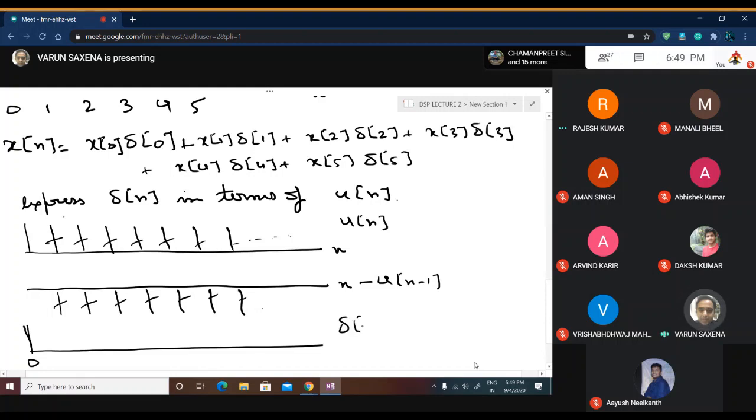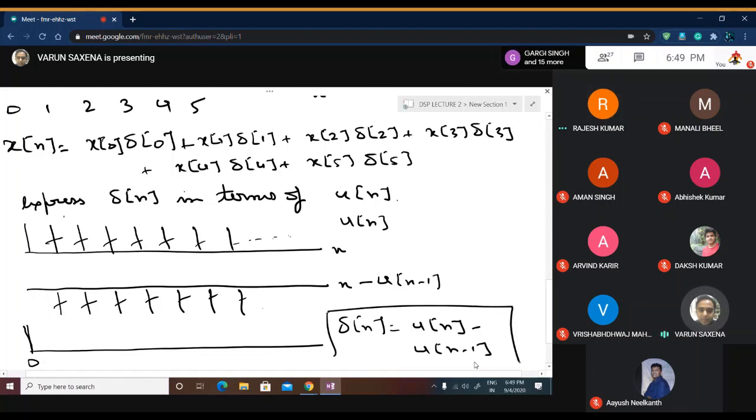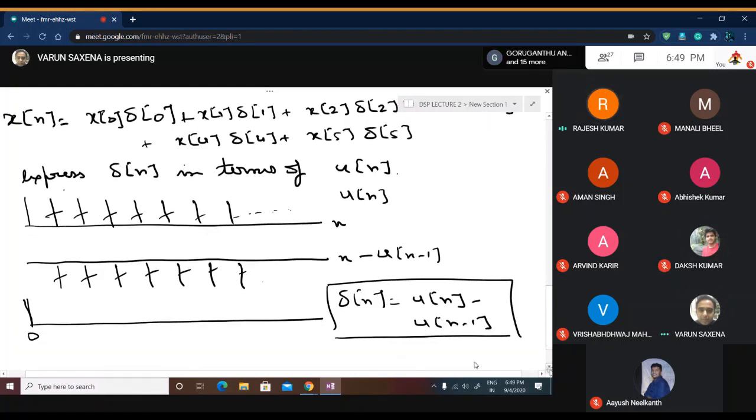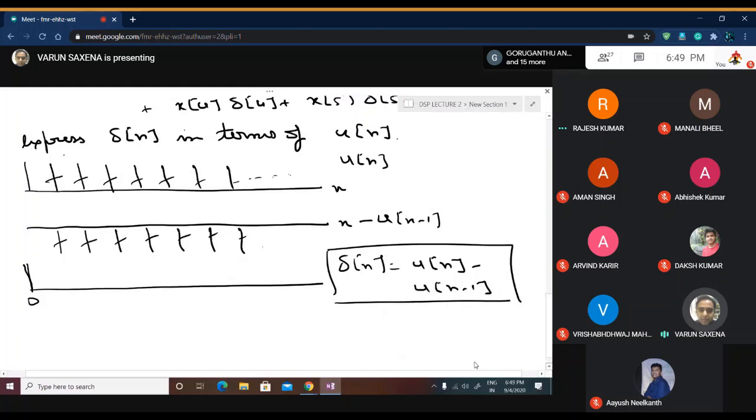So basically delta n is u[n] minus u[n minus 1]. This is how you can write a unit sample sequence in terms of unit step functions. Okay, I think so.